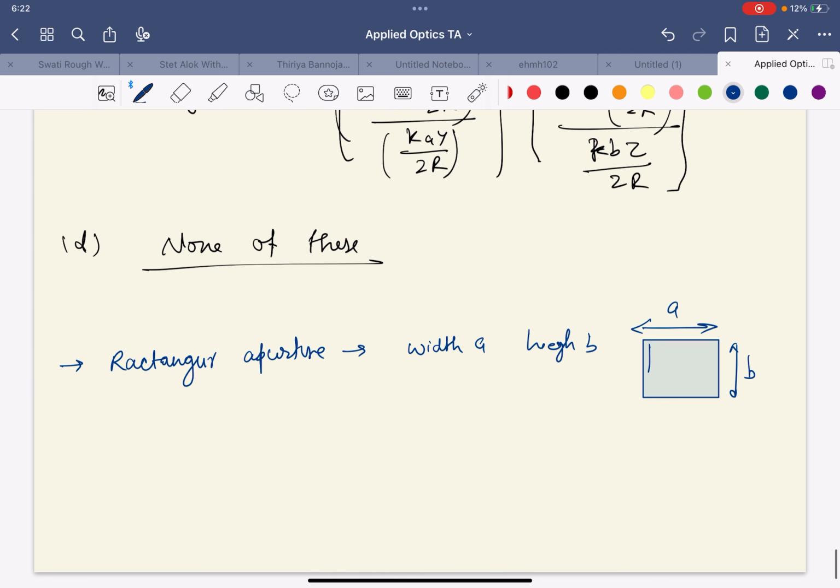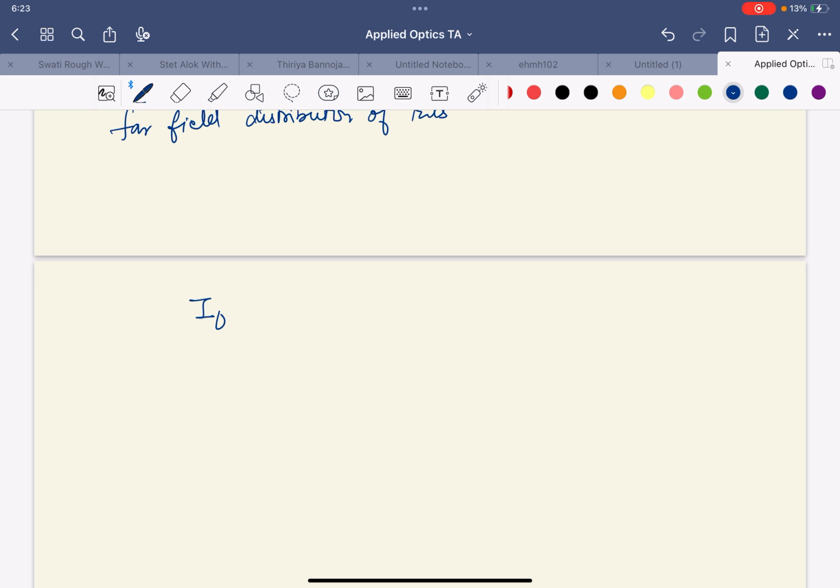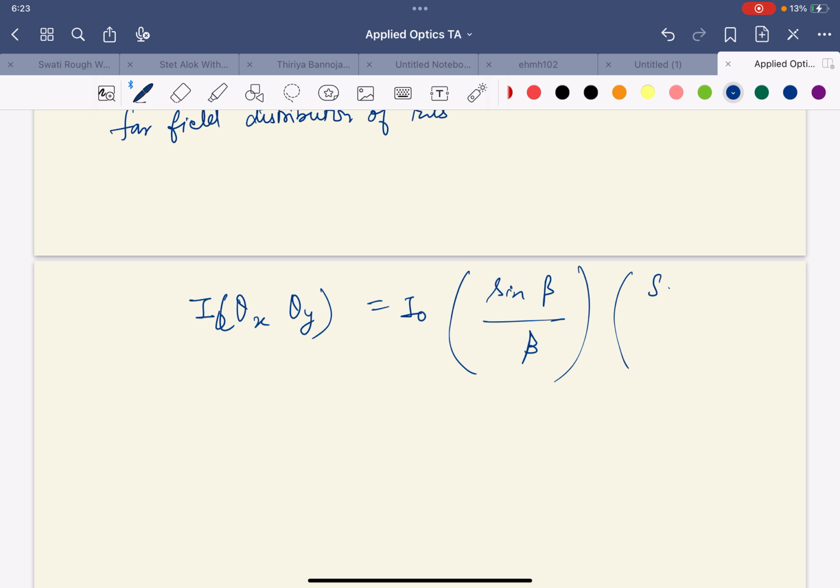if we consider the far field distribution of intensity, this is something like I, which is a function of theta x and theta y, will be equal to I0 and sine beta divided by beta and sine alpha divided by alpha.